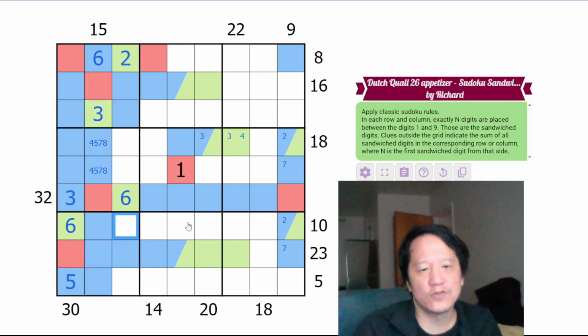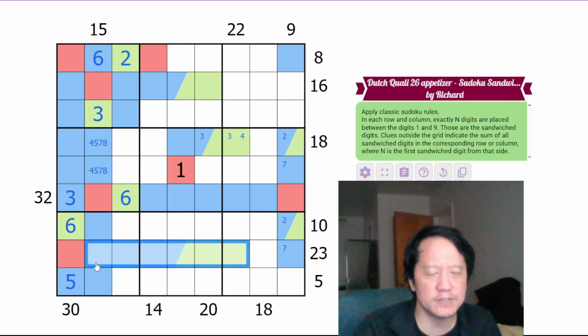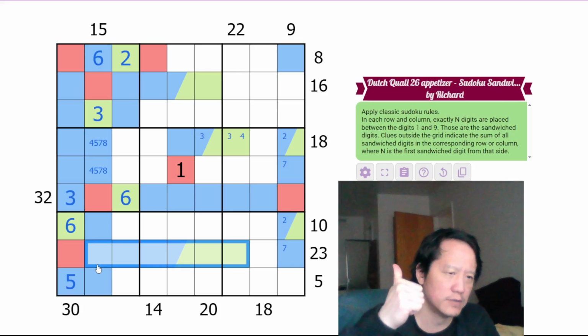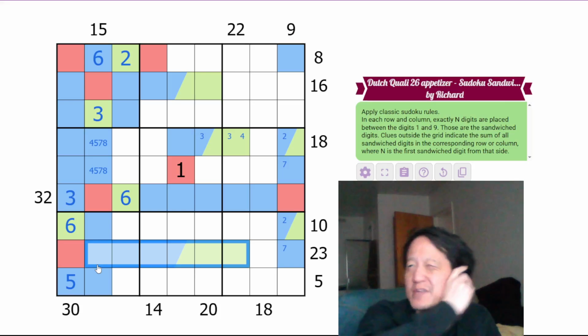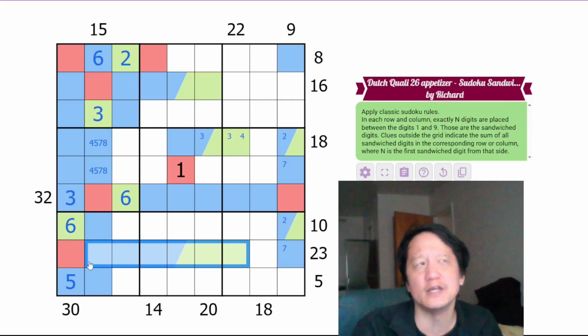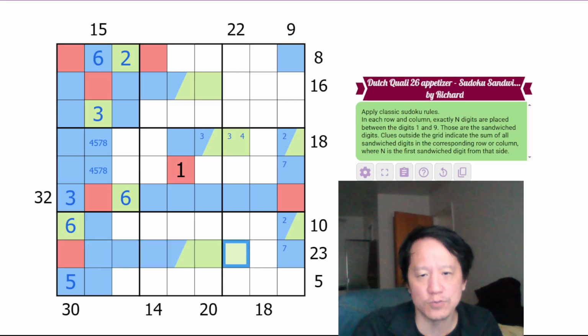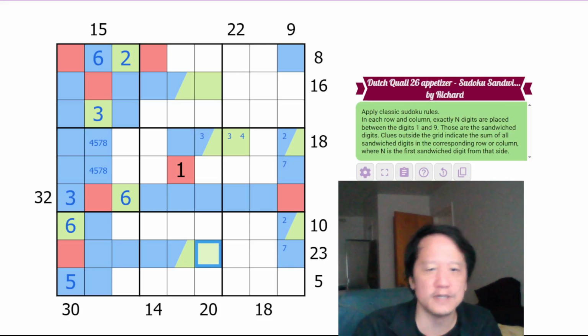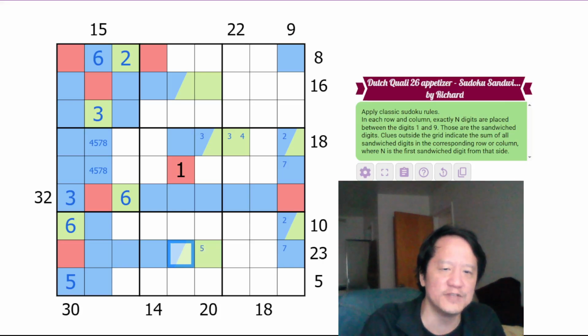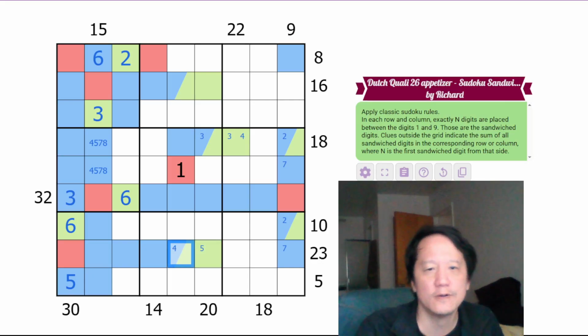15. That's fine. Can this actually be the n sum? 6 digits adding up to 23 without a 1. That's not possible. That's 2 through 7 minimum, which is 27. So this can't work here. So if this is the n sum, it would have to be 5. If this is the n sum, it would be 4. Okay.